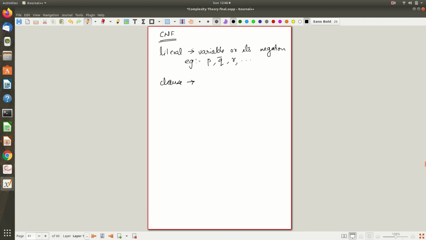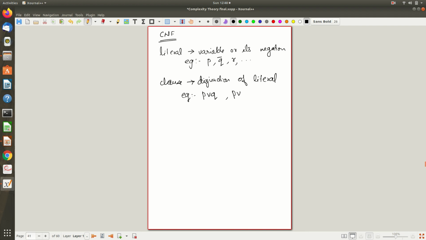In conjunctive normal form we have a conjunction of clauses, and a clause is a disjunction of literals. A literal means a variable or its negation. For example, P or Q is a clause.